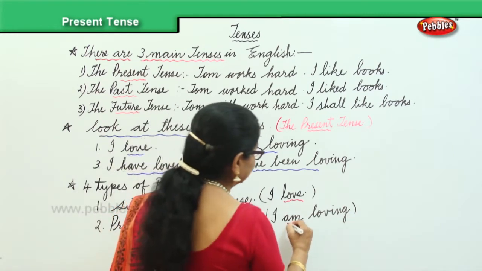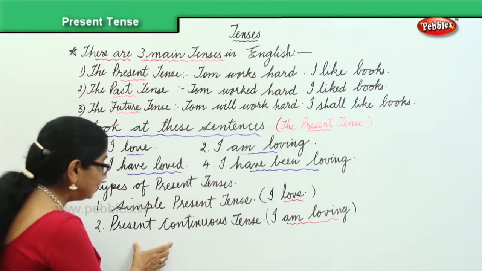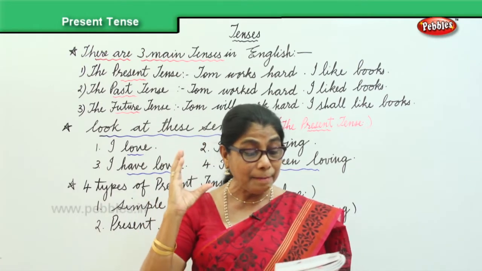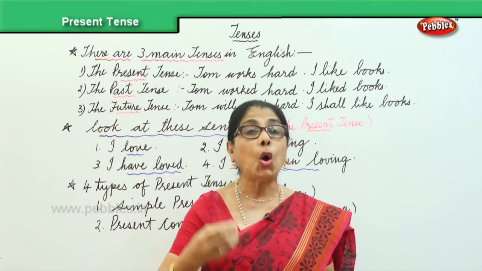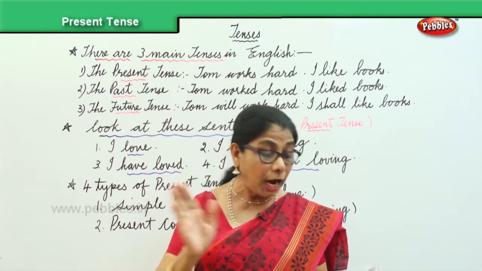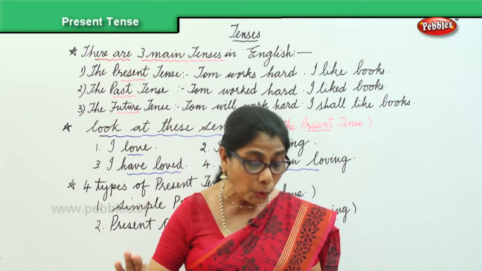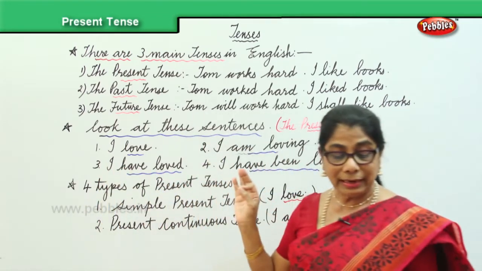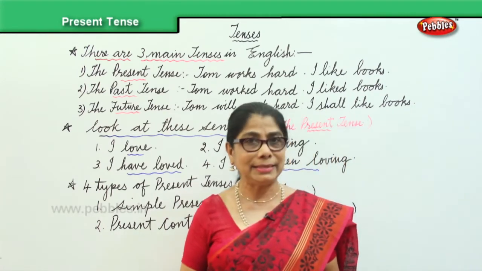Am loving. What did we say? The present continuous tense. The verb am loving shows the action is still going on or it is continuing. The action is incomplete, unfinished, imperfect and continuous. Therefore, we say the verb am loving is in the present continuous tense.